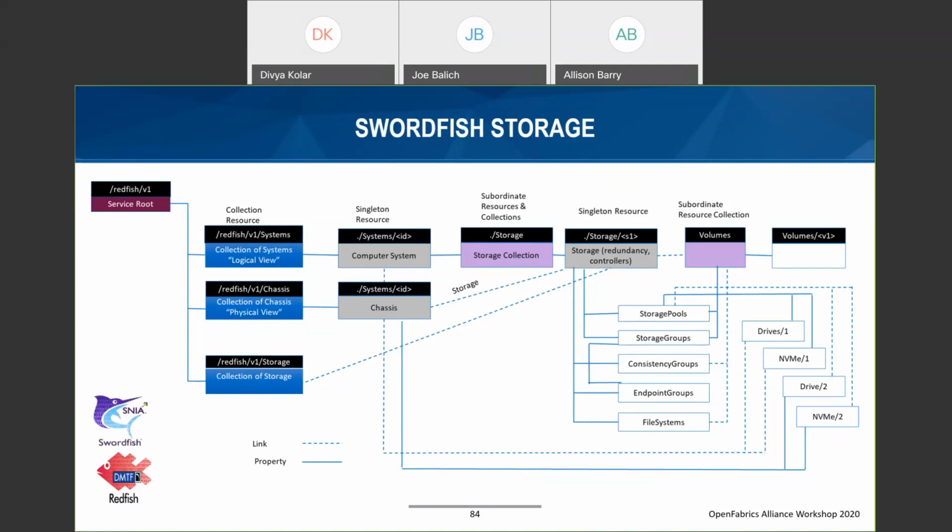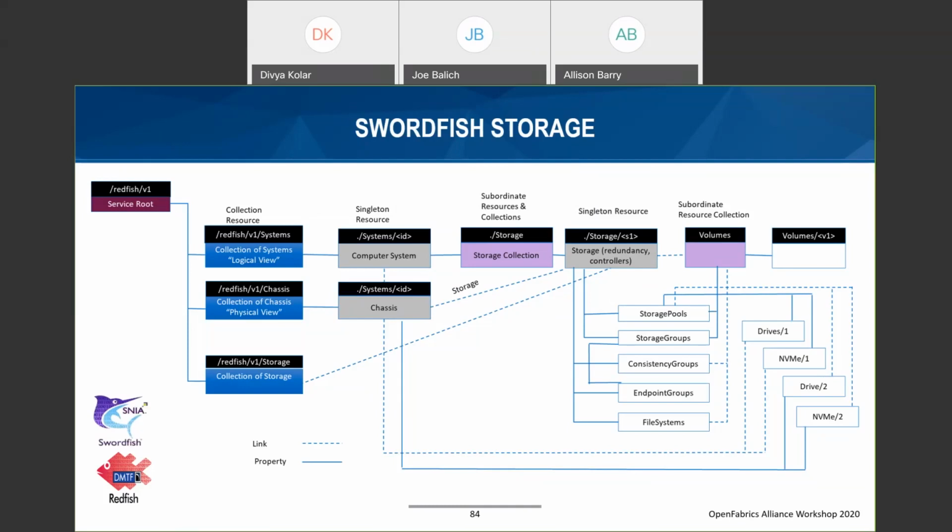defined here. We can also see that there are so many lines crisscrossing multiple blocks here, which shows how these complex storage constructs are built. For example, the storage pools are built from multiple drives here. The volumes can consist of consistency groups, and the file systems can be built with different volumes.